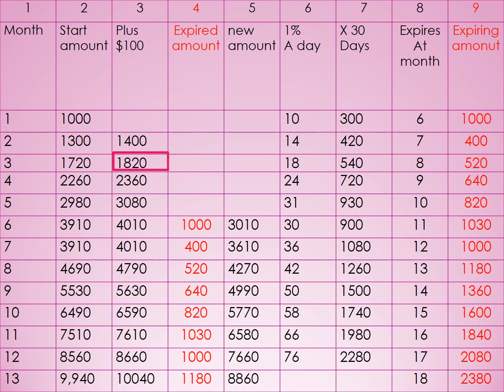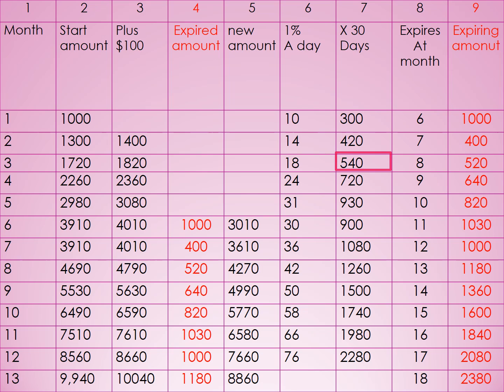But still, we only have out-of-pocket $1,200, but we're getting paid on $1,820. That is going to translate over here in column 6, row 3, $18 a day. We're going to earn, through profit sharing, $18 a day for 30 days. So next column over, column 7 in row 3, $540 for the month.